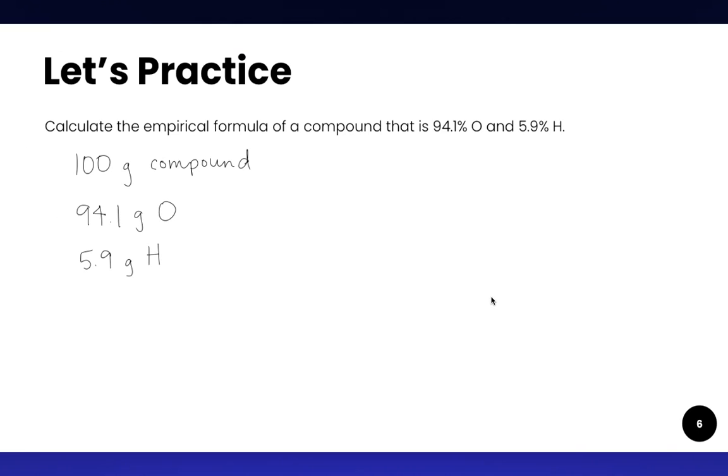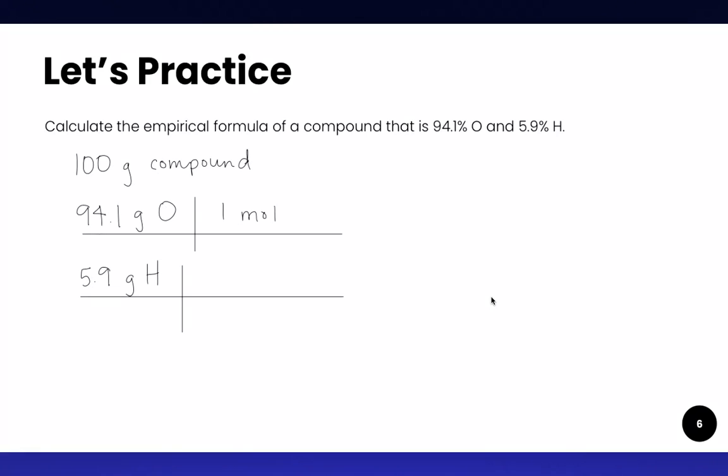We are going to use the atomic masses of oxygen and hydrogen in order to figure out how many moles of oxygen and how many moles of hydrogen are in this compound. For every 1 mole of oxygen, there are 16.0 grams.